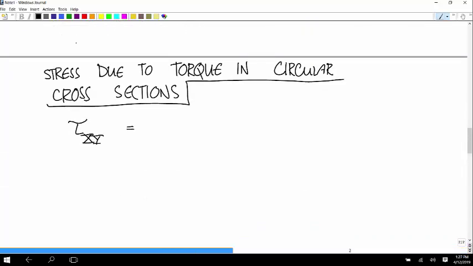But this torque, capital X, capital Y, is going to be equal to negative internal torque times rho. That's the distance from the centroid to the point of interest, divided by this new thing, I sub p.